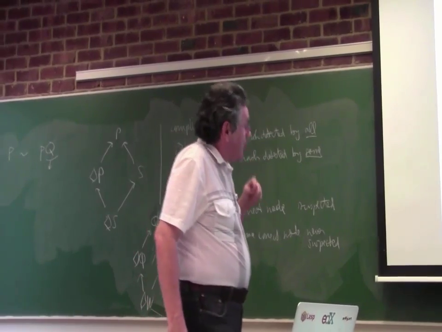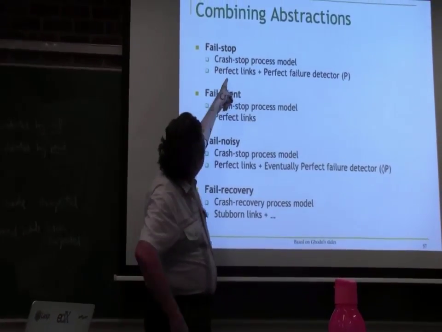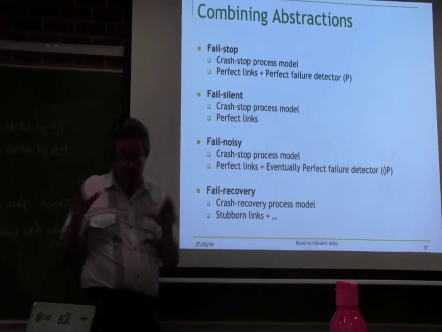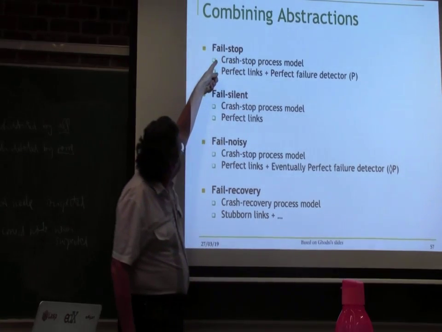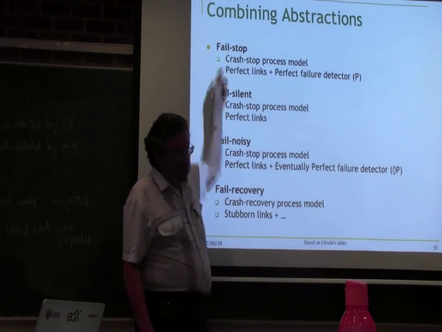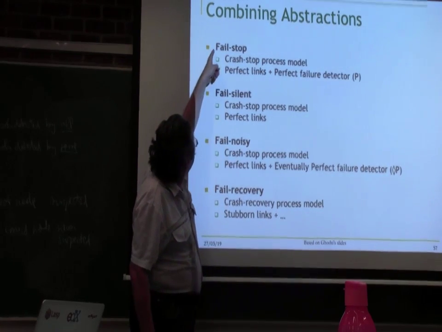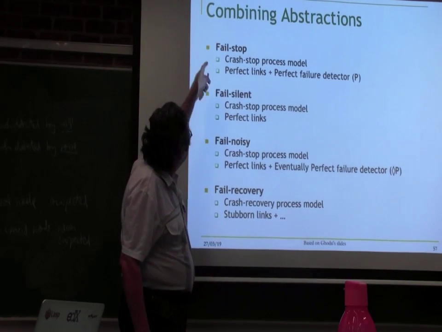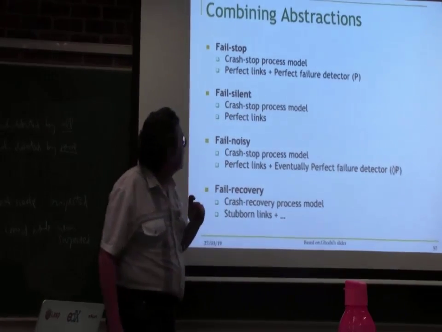Basically, we're going to look at the following things. We're going to look at the case when you have perfect failure detectors, so crash stop with perfect failure detectors. This is called fail stop. Fail stop means that you can get crashes and you can perfectly detect them.